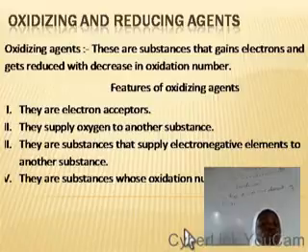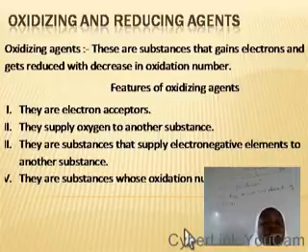Today, we are going to be looking at oxidizing and reducing agents, because in a redox reaction, that is, an oxidation-reduction reaction, there are oxidizing agents and reducing agents.